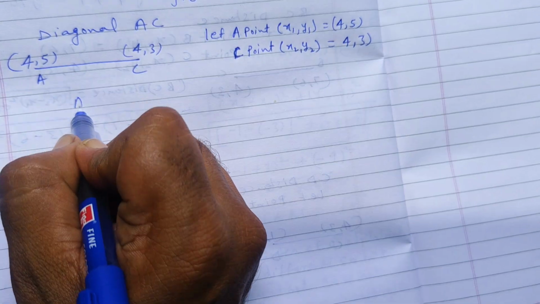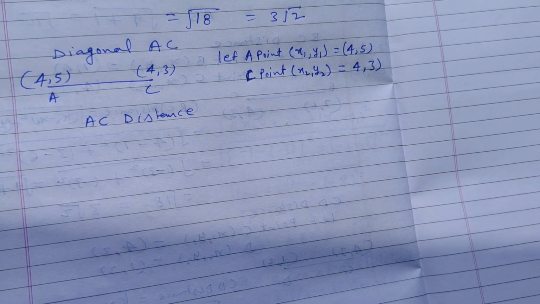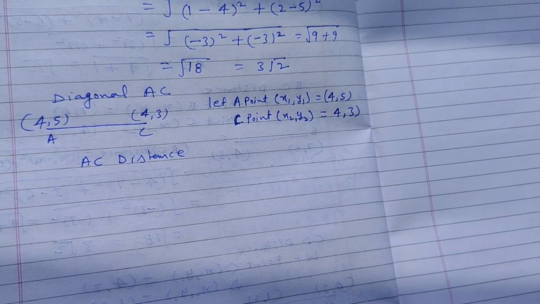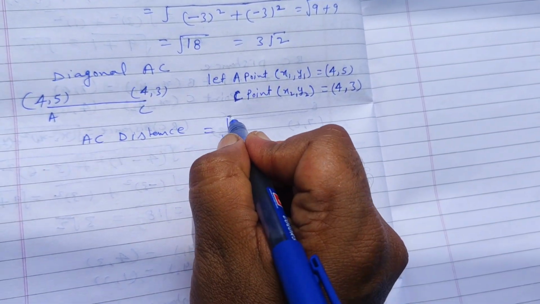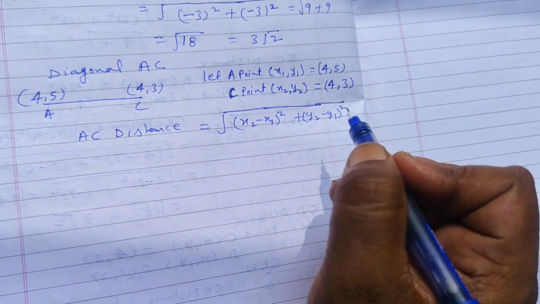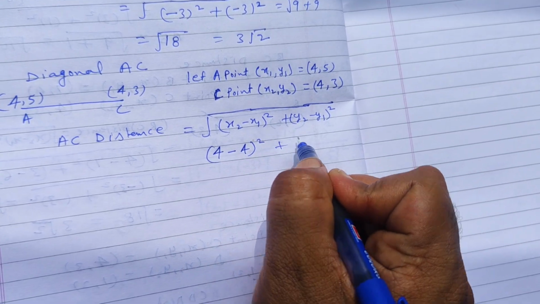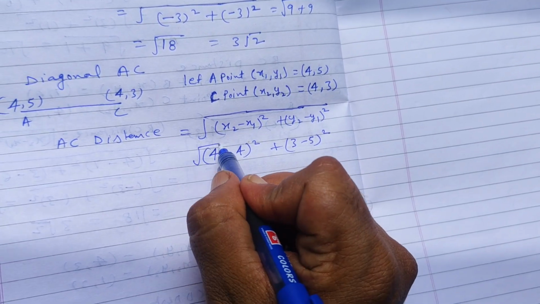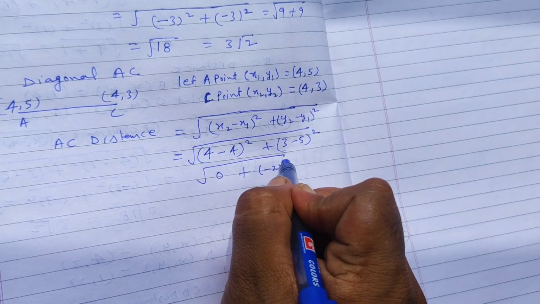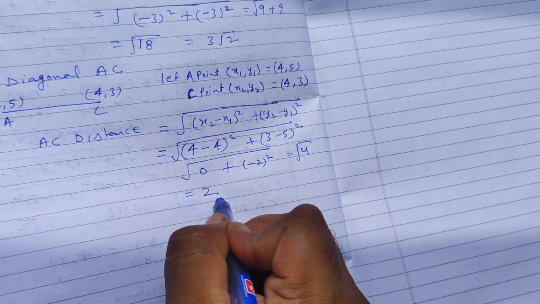So AC distance: here we are finding the diagonal AC. x2 minus x1 and y2 minus y1. x2 is 4, x1 is 4, y2 is 3, so the difference is 0 and 2, which comes to 2.